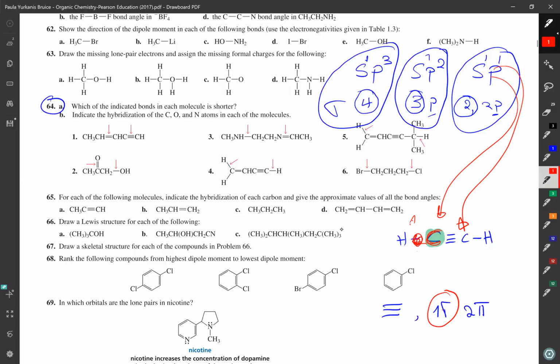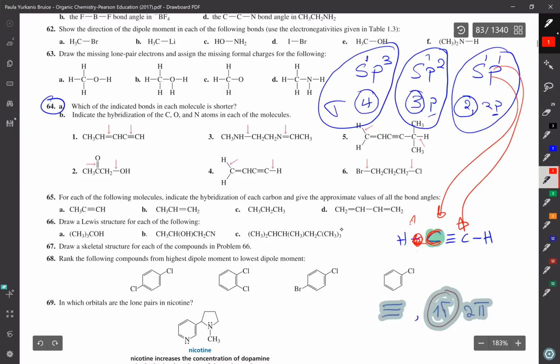Every carbon connected by a double bond is sp2 hybridized. Does that make sense? And carbons surrounded by four single bonds are sp3 hybridized.